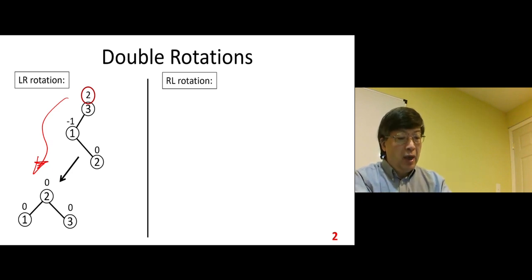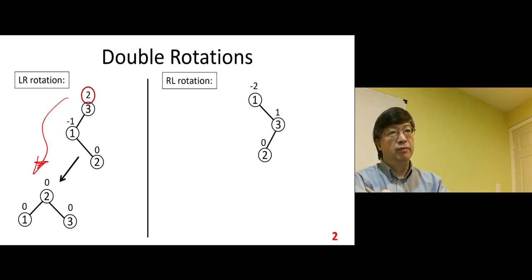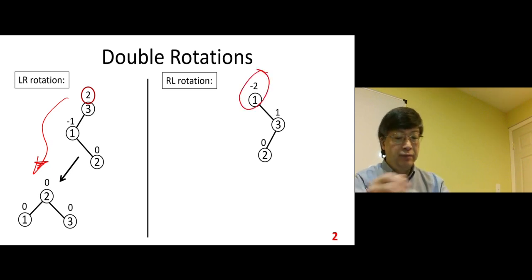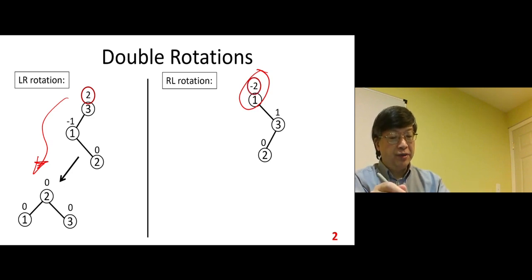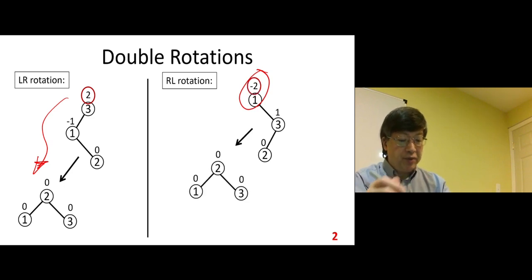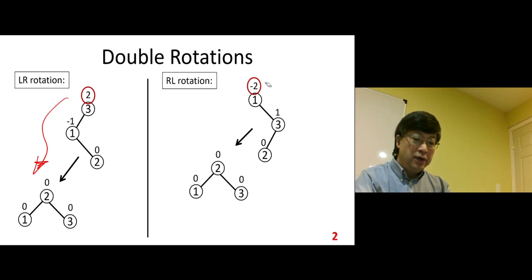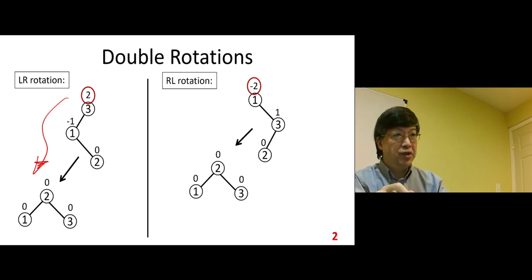RL rotation, this pattern, violation here, and we do RL rotation to get this balanced result. But how do we get that? Let me use the next two slides to explain the change.